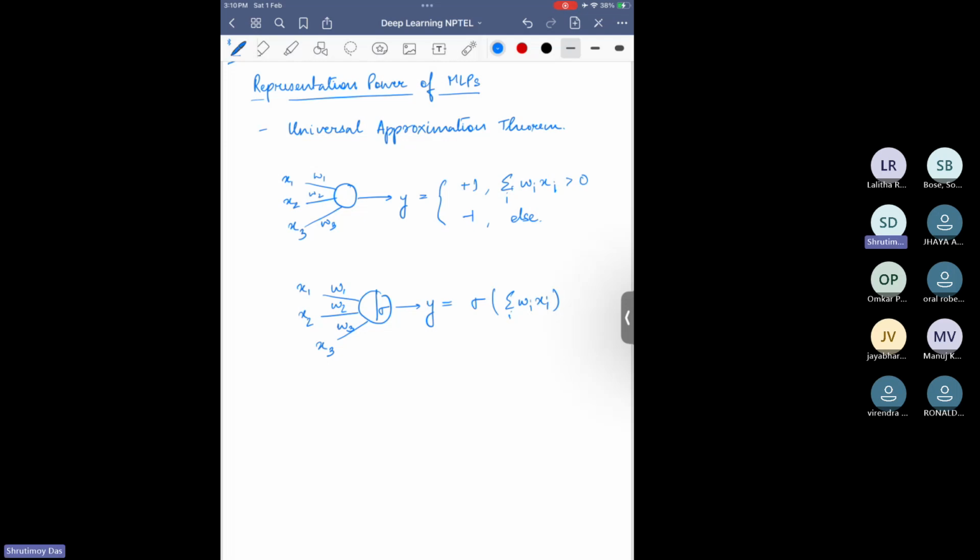Building on this, we now use multiple layers of perceptrons. Suppose we use two perceptrons, and we have x1 and x2.